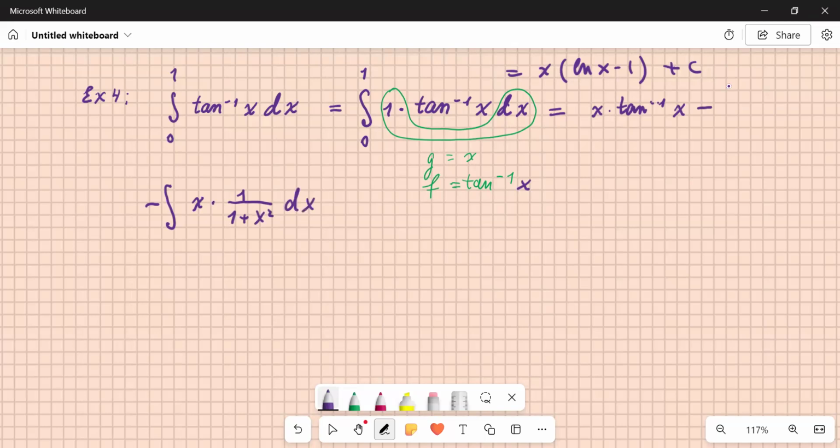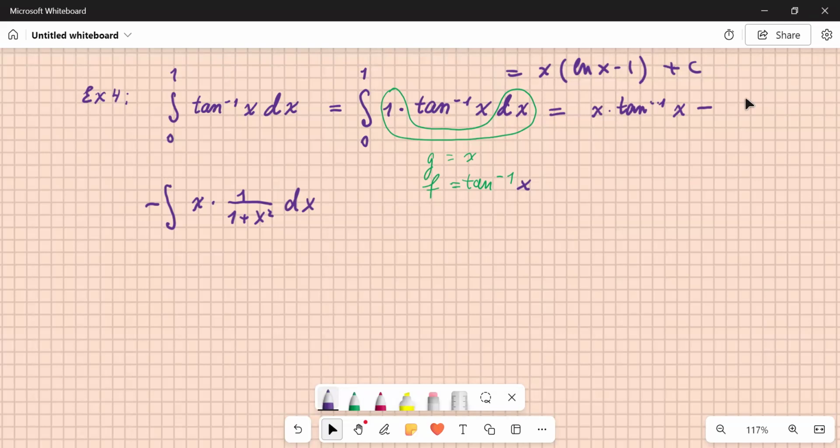Now, guys, this integral is a little bit better because it moved us from an inverse trigonometric function to just a rational fraction, right? But still, we don't know how to calculate it, so we think, okay, what should we do in this case? You cannot use integration by parts anymore, because if we differentiate anything here, it's just going to become worse. But what we can do is use substitution.